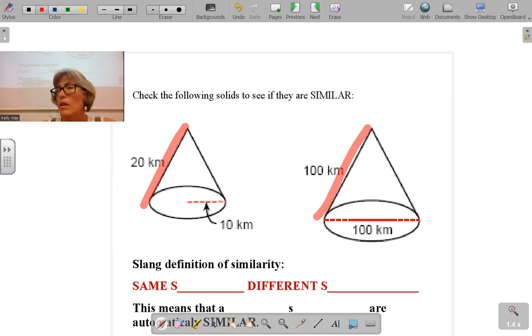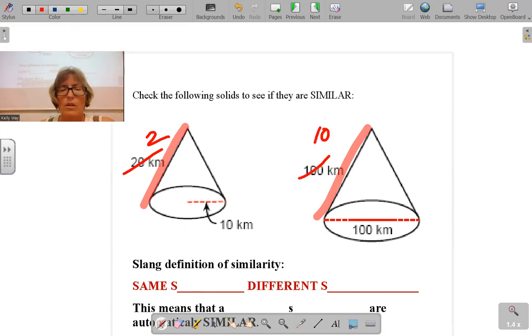A little bit more. What's the largest number possible that goes into both 20 and 100? 10. 10 goes into 20 how many times? 2. Got it. And 10 goes into 100 how many times? 10 times. So this is a 2 to 10 ratio.